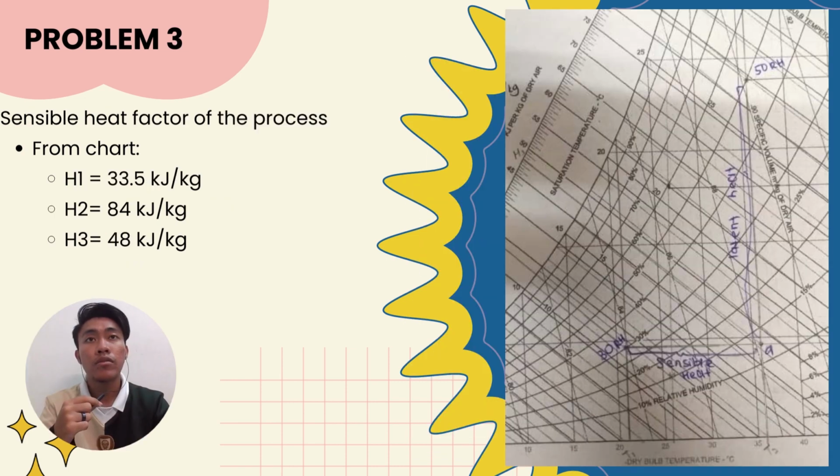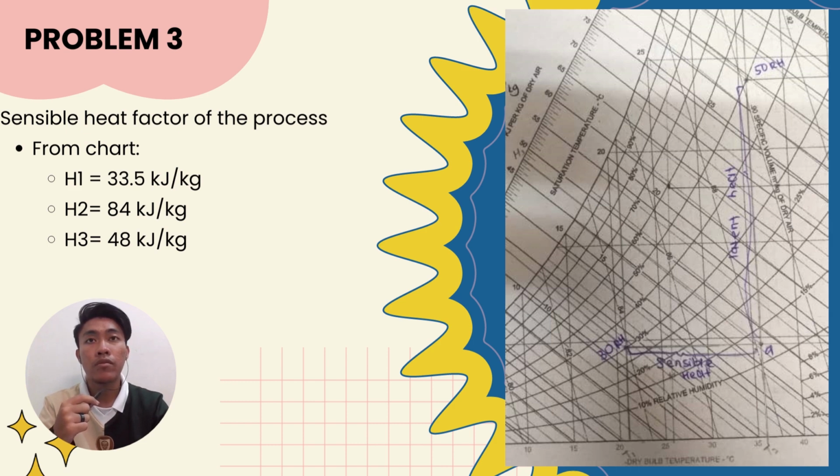And lastly, we need to find the sensible heat factor of the process. Using the formula of sensible heat over total heat, we can get the sensible heat factor. And the total heat is the sum of the sensible heat plus the latent heat.